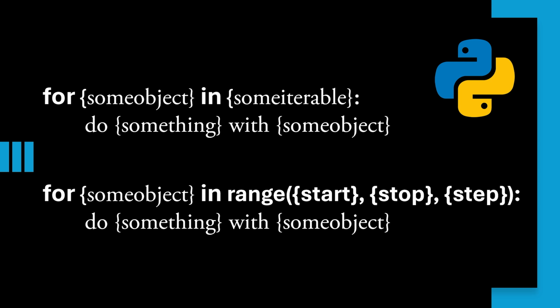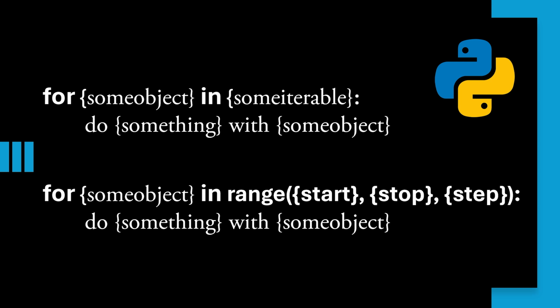So what are we doing here? The for some object in some iterable means that you can write anything for some object, any variable name. It will be used as a temporary variable name to do something with. Some iterable is the name of the iterable object like a list or a string, and you can do anything you want with it.